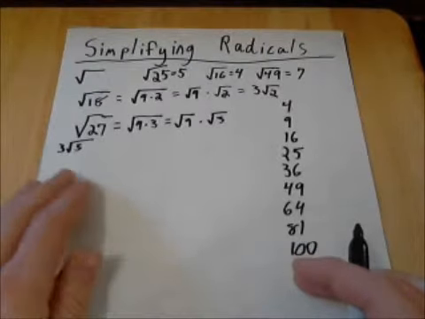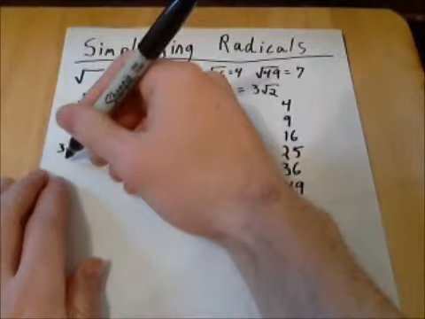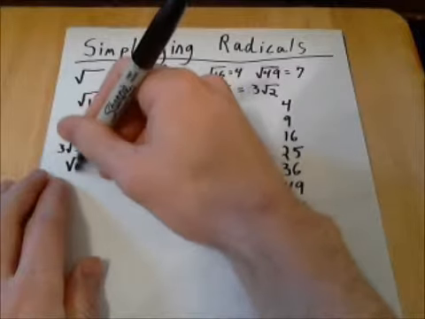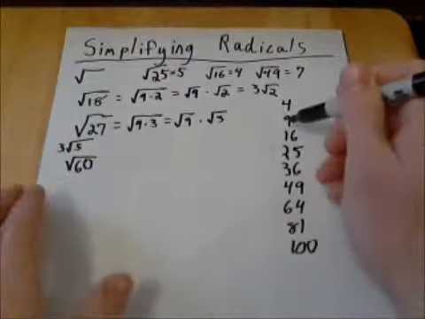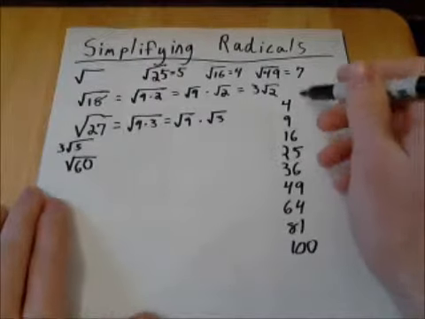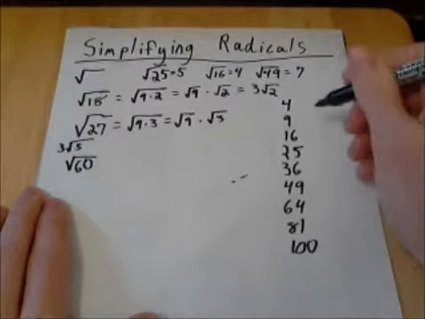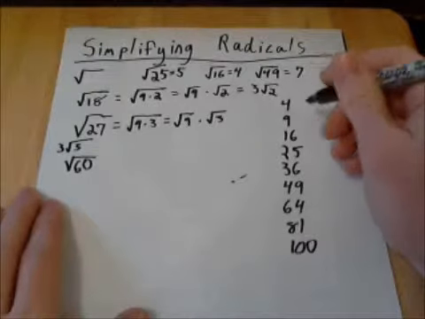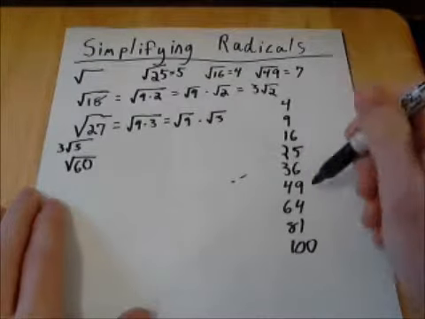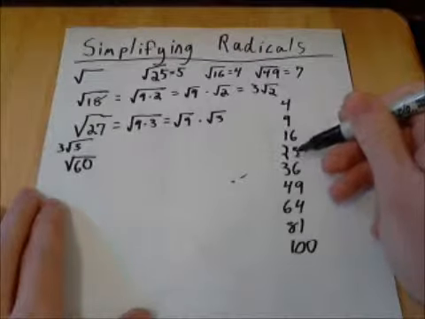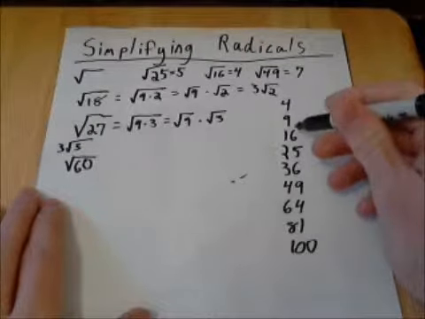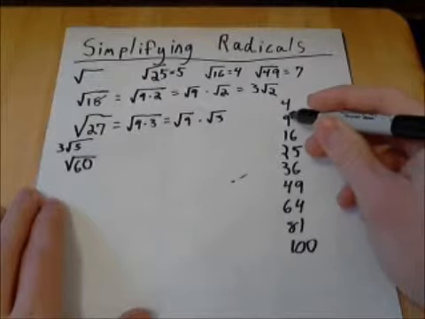Let's give you another example: the square root of 60. Now again, we're going to look over here at our list of perfect squares and try to find something that goes into 60, essentially the biggest one, preferably. So 60 would be about here. 49 isn't going to go into it. 36 does not. 25 doesn't. 16 won't. 9 doesn't go into 60.